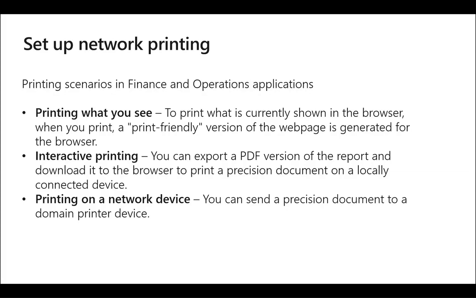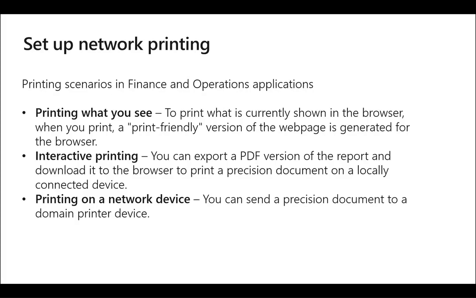Printing documents on a network device from hosted applications presents a unique set of challenges, such as printer drivers might not be available on the user device or computer. A user device might not be connected to a corporate network.